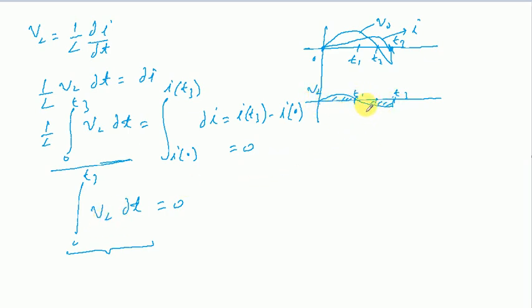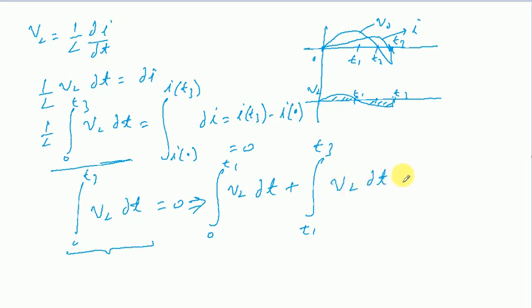Here we can see that the inductor voltage has both positive and negative values during this time interval. So to have a clearer interpretation, we can represent it with the help of these two sub-intervals, that is from 0 to t1 and then from t1 onwards to t3, and that is in fact equal to 0.